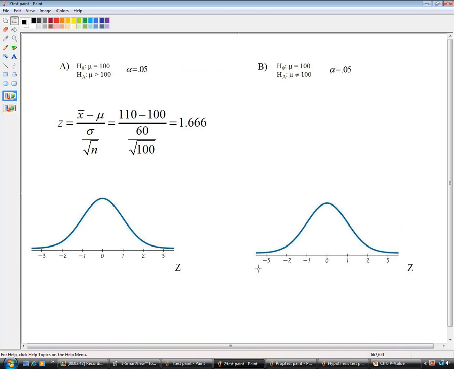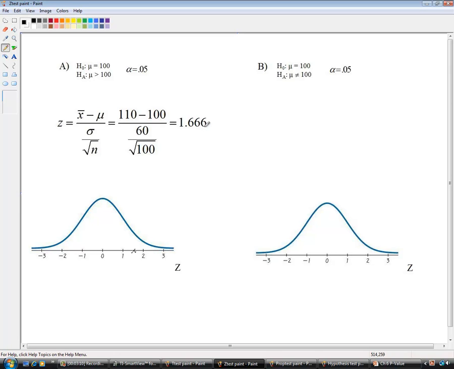Alright, let's run through a few of the examples that I did before and calculate the p-value. First, I want to find the area and calculate a p-value strictly, without the ease of the test function, just to show you how it works. Our test statistic was 1.666, or about 1.67, so right about here.